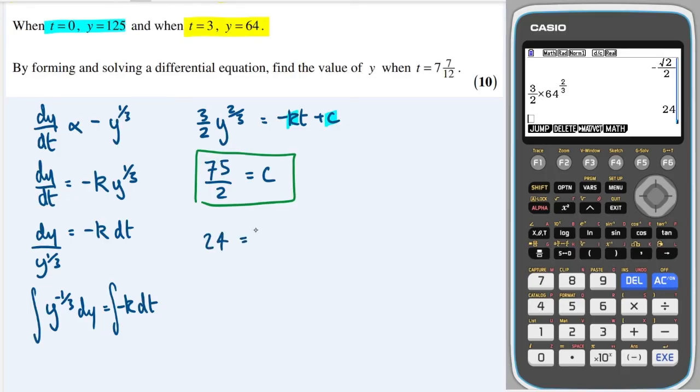And t is free, so I'm going to get minus 3k and plus c, which we know is 75 over 2. Great, so I do 24 and I minus 75 over 2, and then I divide by minus 3, and I get 9 over 2. So k is equal to 9 over 2.